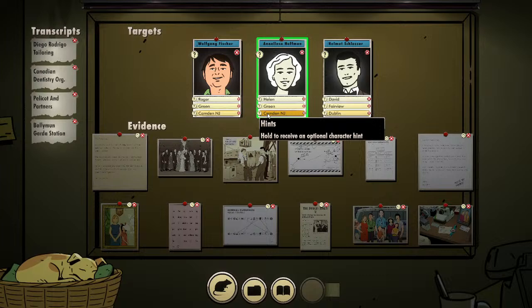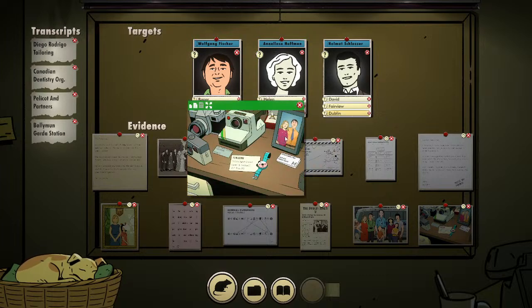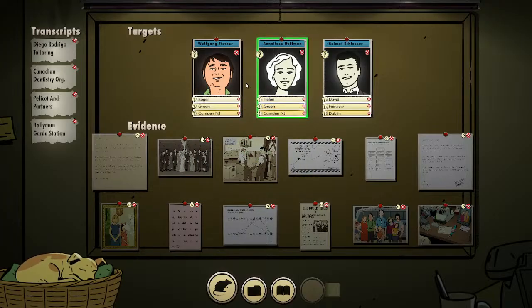This should be right. This should be right, because he's pictured as the owner of a business. Is this not Helmut? David Fairview in Dublin.